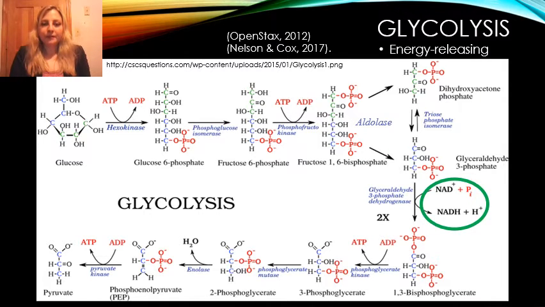At this point, thanks to the conversion by triose phosphate isomerase, the cycle possesses two glyceraldehyde 3-phosphates to move forward in the pathway. These two molecules undergo phosphorylation via the reduction of NAD+ molecules to NADH, circled in green.